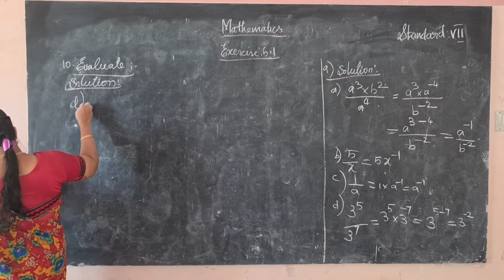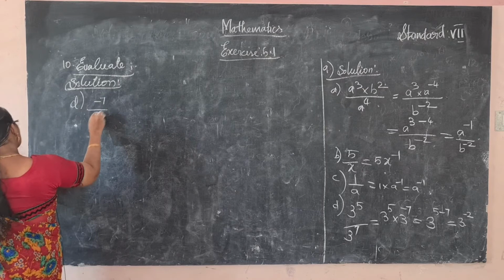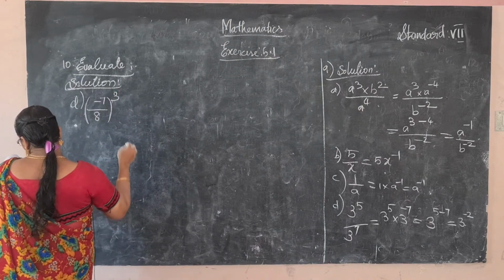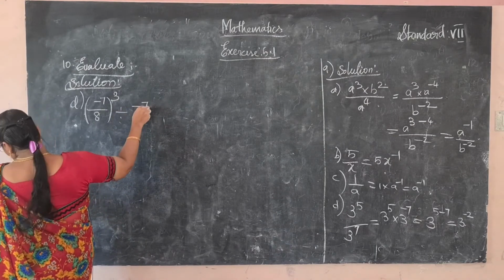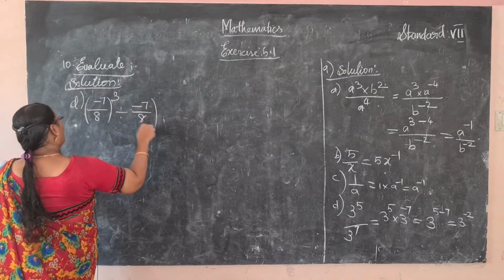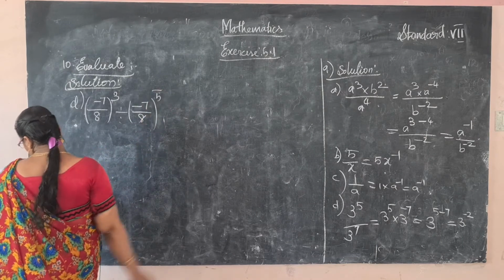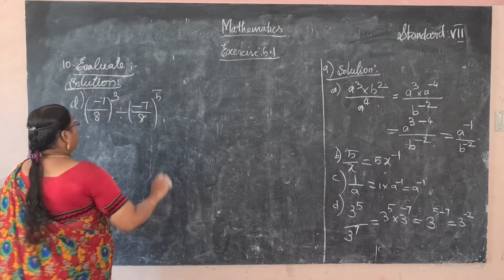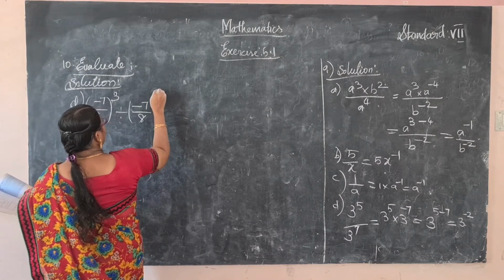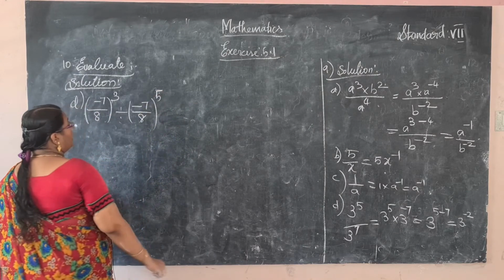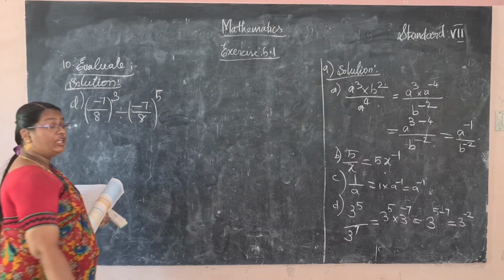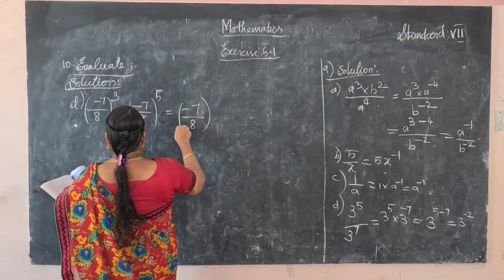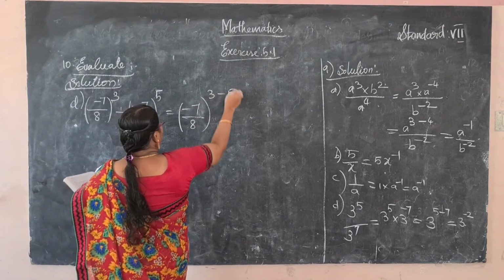So D problem, minus 7 by 8 the whole power 3, divided by minus 7 by 8 the whole power 5. So what is the value? The bases are the same, so we have applied the quotient rule. So minus 7 by 8 the power of 3 minus 5. What do we get?